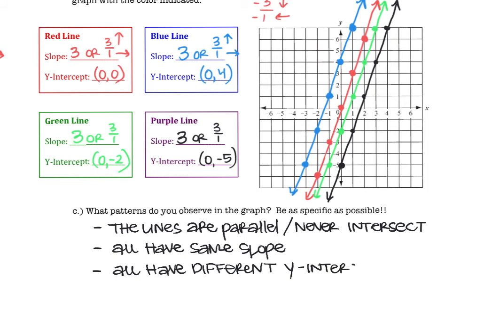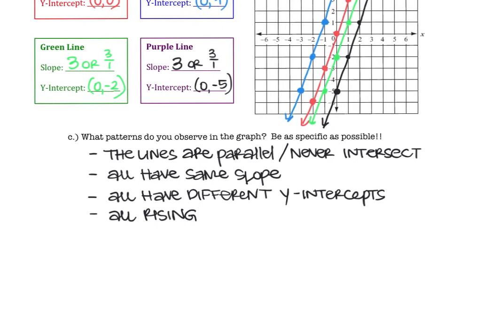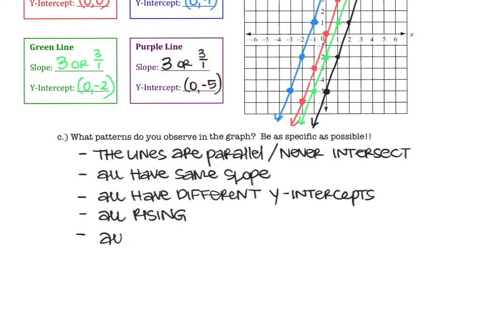So I want to make several observations. But that's probably pretty good here. Oh, you know what? Actually, I would also add that they are all rising. And I would also say that they are all steeper than the parent function.